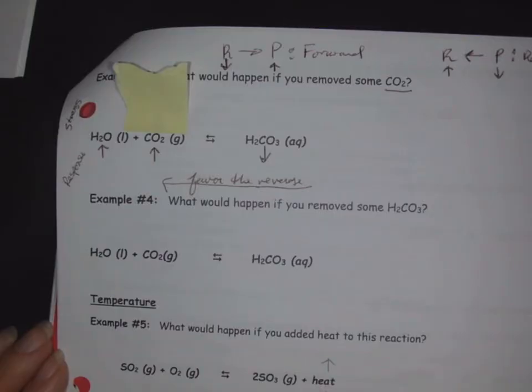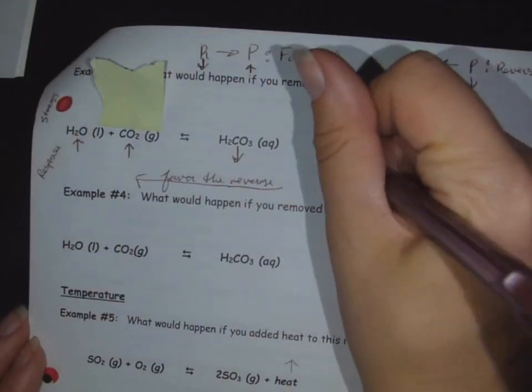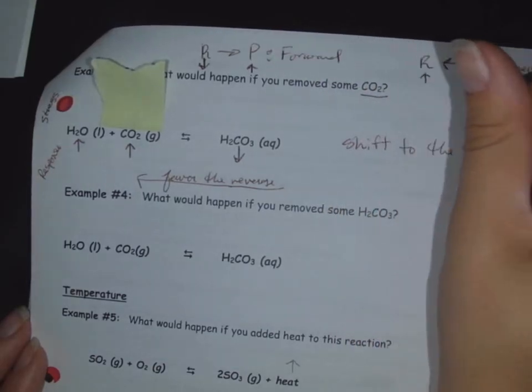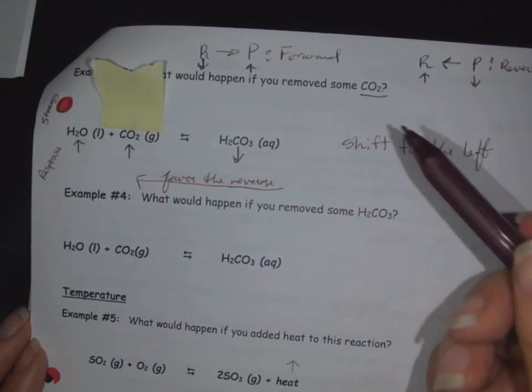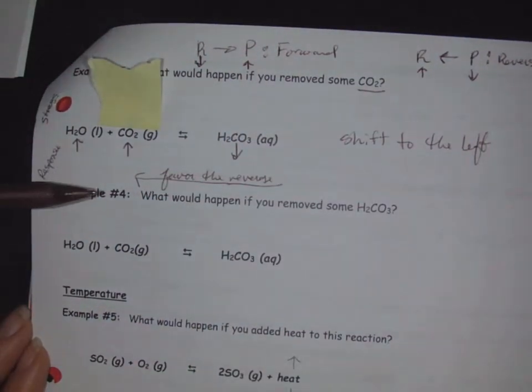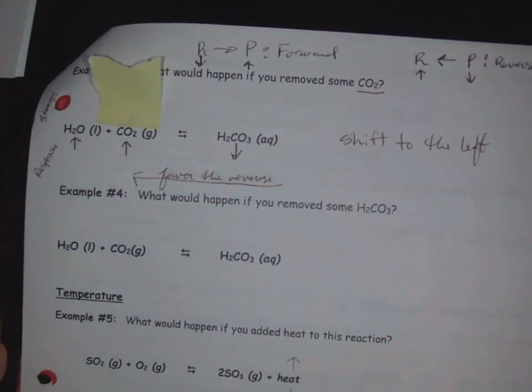Another way of saying this is that the equilibrium will shift to the left. So if it's reverse, it's shifting to the left. If it's forward, it's shifting to the right. Alrighty, great.